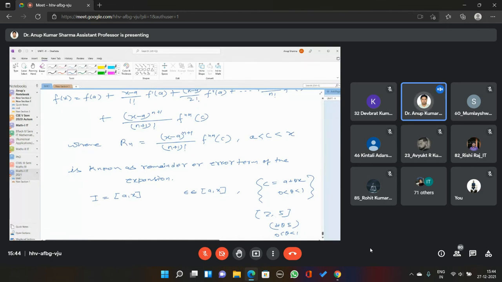When we take 2 plus theta 5, where theta is a fraction, the value keeps approaching 5.